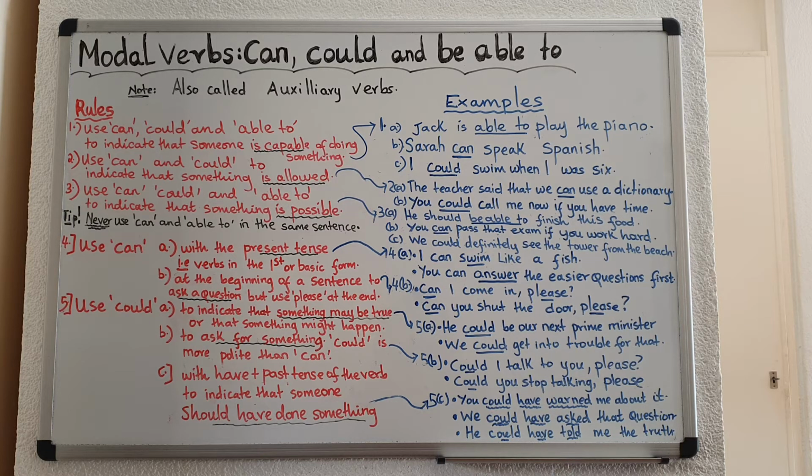Look at example 2b. You could call me now if you have time. So you're letting the other person know that, hey, I'm allowing you to call me now. Okay? Maybe you are in a meeting, maybe you're in school, you have a lesson, and later on you check your phone and you see that you have a missed call from your friend.